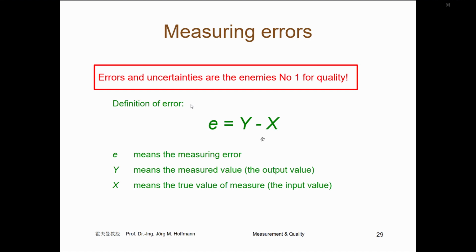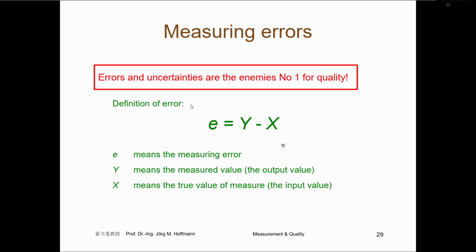Important is also that you say y minus x, because the sign is also important for the error. Do you have a negative error or a positive error? That is very important, and therefore you have to use this order, y minus x, not x minus y.